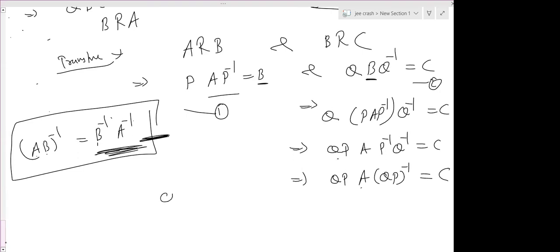Now let's assume Q P is the S matrix. So this becomes S A S inverse equals C. So I can see A is related to C. So this is transitive also. Is it clear? Yes, sir. Please note it down.